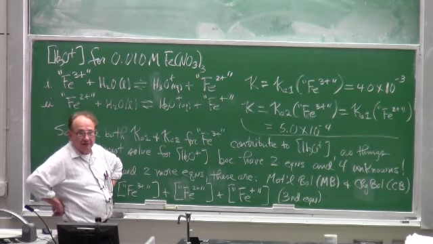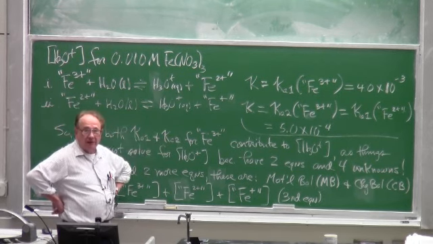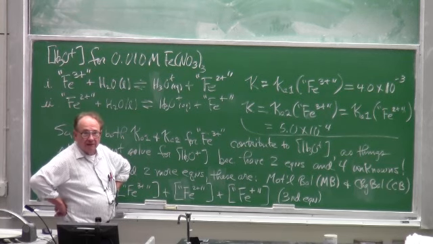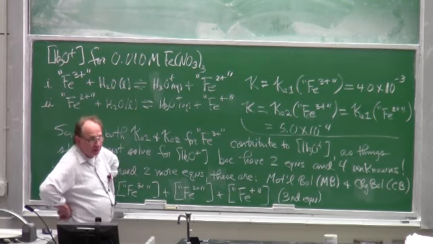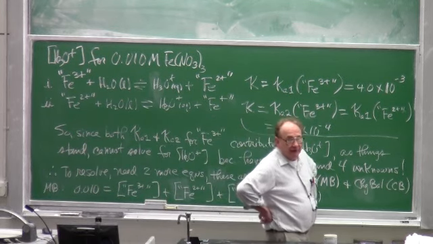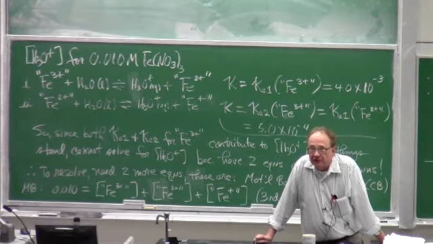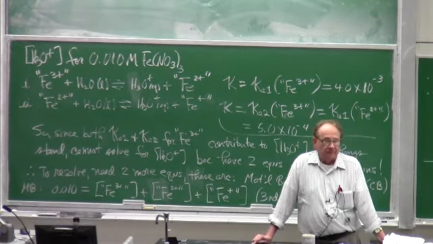We don't know what these molarities are. So we got two simultaneous equations so far written which contain four unknowns. And as you know from algebra class, this cannot be solved. We have to develop at least two more simultaneous independent equations composed of the same set of unknowns. Then we can solve.